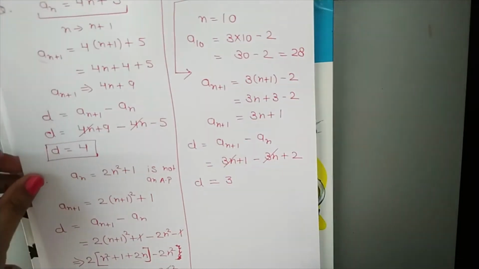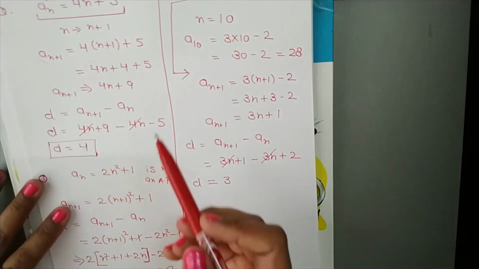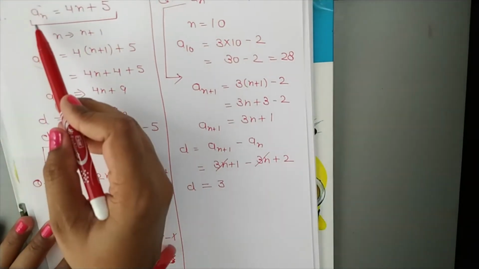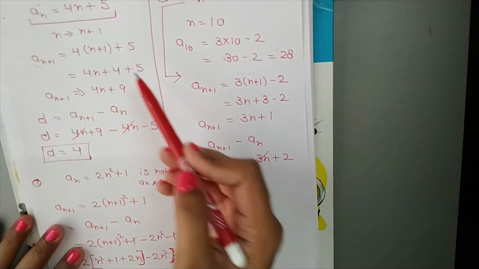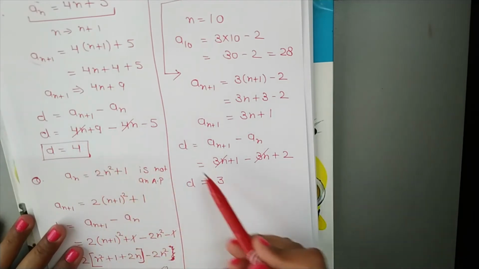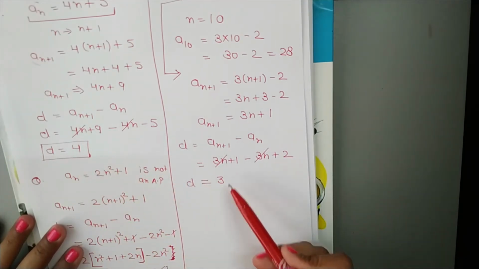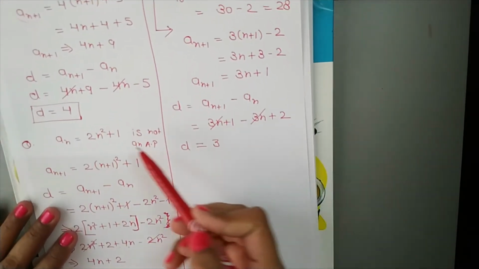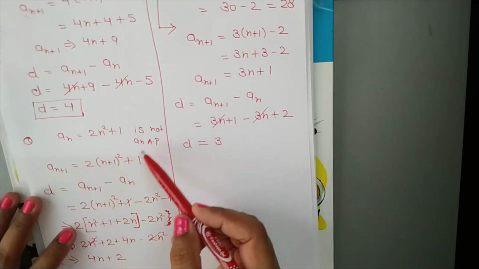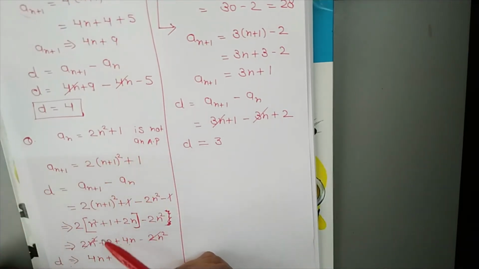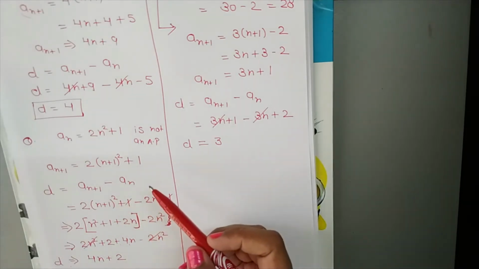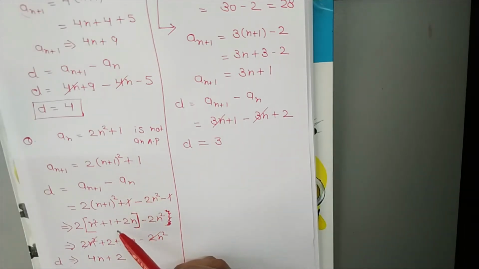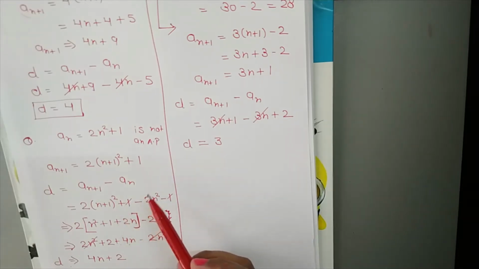So you can observe from these examples that when the nth term is a linear expression in n, it is always an AP with a constant difference, but otherwise it will not be an AP. You can conclude that a sequence is not an AP if its nth term is not a linear expression in n.